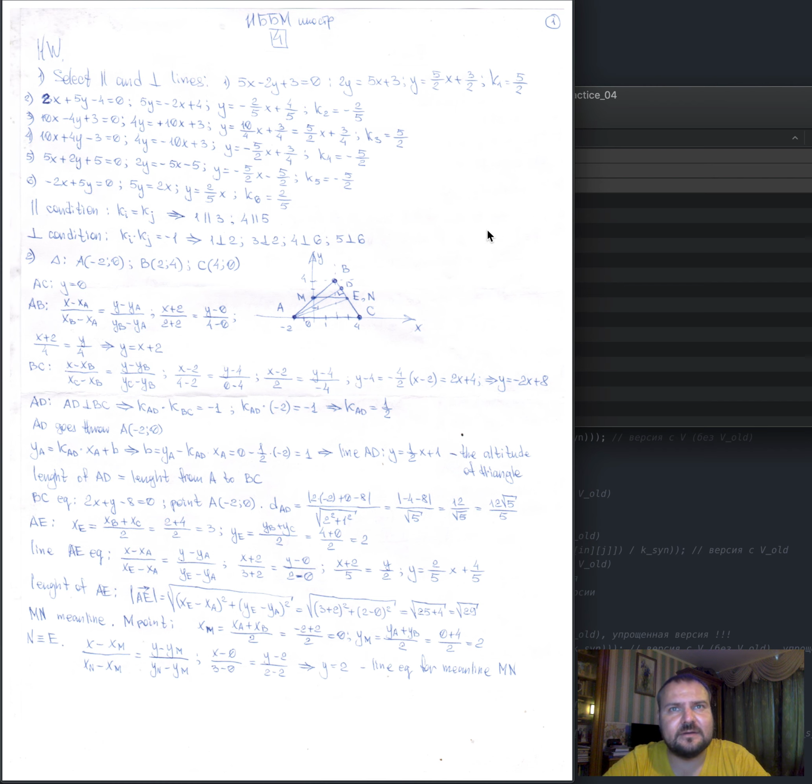We put in the y_A value, the k_AD value, and the x_A value, and so we find the b value. Once we have the b value, we can write the line equation for AD: y equals 1 by 2, which is the k_AD slope value, times x plus 1, which is the b value. And that would be the answer.